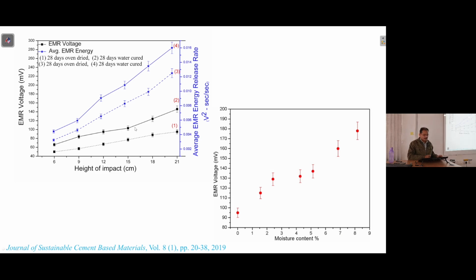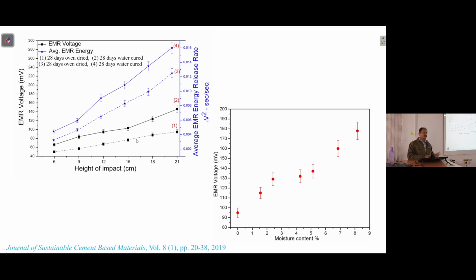So these two graphs, maybe you can see, are for the EMR voltage. This is for when the sample has been cured for 28 days and then taken out, let it dry in air just like that, and then tested. And this one is when you keep it in an oven at a mild temperature, only 100 degrees centigrade.